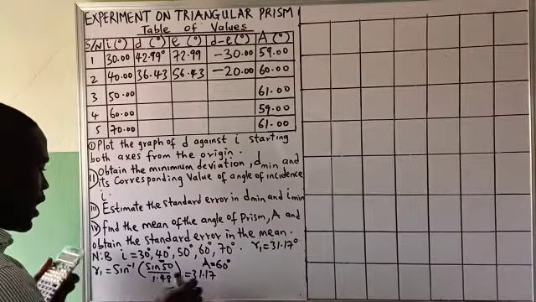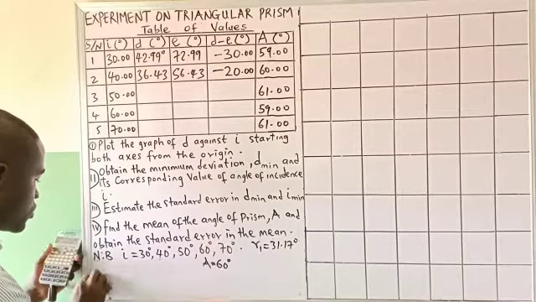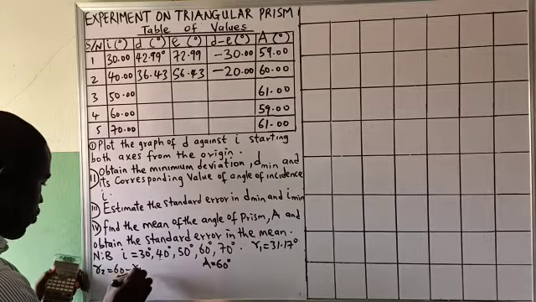Then you now get your R2. R2 is equal to 60 minus R1.